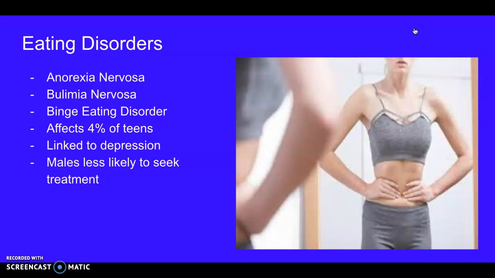They think that the skinnier they are, the better they will look. So people with anorexia will starve themselves and try to eat as few calories as possible in order to remain or get even skinnier. And bulimia nervosa, people with this will throw up food that has been consumed in order to limit the calories.